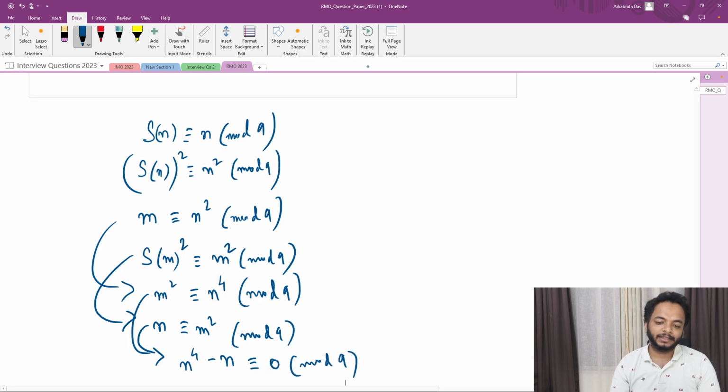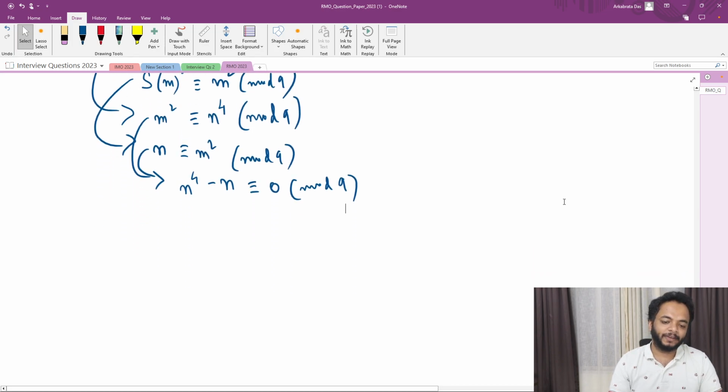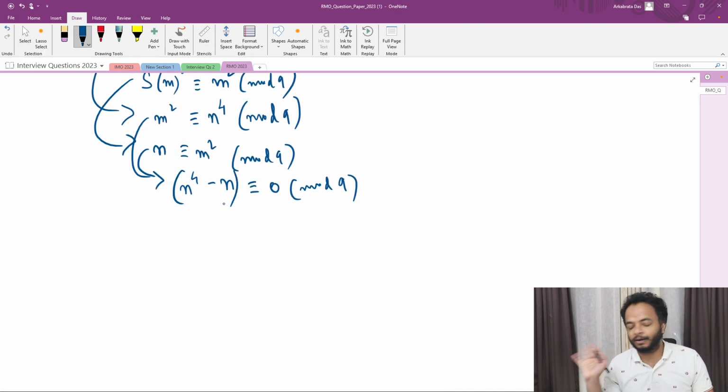After getting this, in an exam hall you will be very happy that you have got such a nice expression involving n. You'll think that you'll factor it out, apply some number theory, and be able to get n. But after factoring it out, there would be three factors: n, n minus 1, and then n square plus n plus 1.